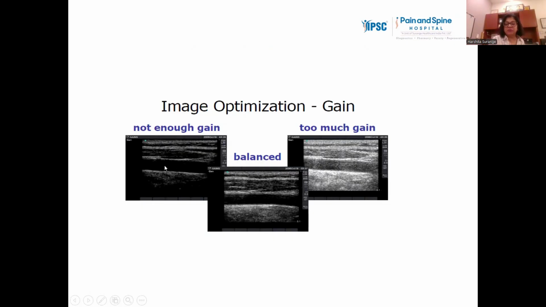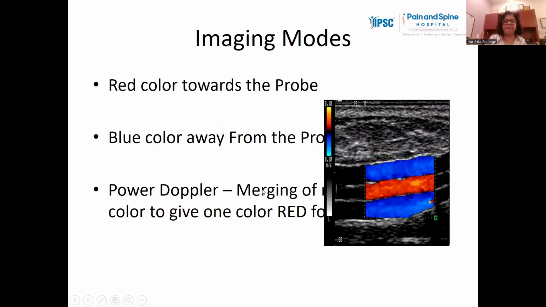In contrast, here the blood vessel and the muscle, everything is appearing black, so it becomes difficult to differentiate all these structures. And this image is perfectly balanced, because you can see the blood vessel properly and the overlying muscles properly. So the gain should always be right, so that you can differentiate each structure separately.